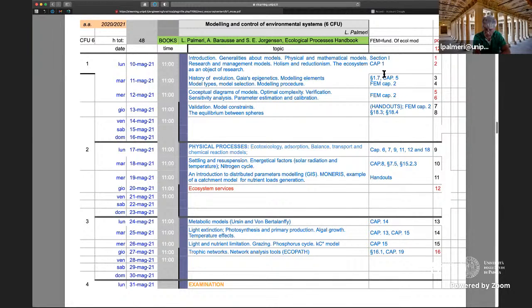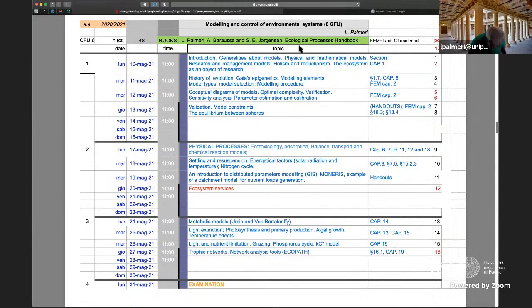The first week will start today, with the introduction. I will give you very soon some generalities about models, physical and mathematical models, distinction between research and management models, holism and reductionism, and ecosystems as an object of research. This is the topic of today's lecture.